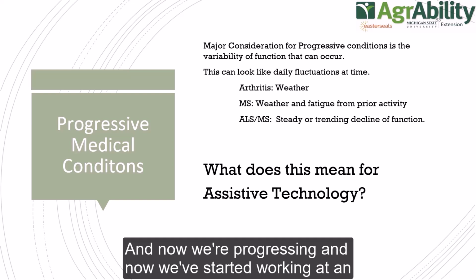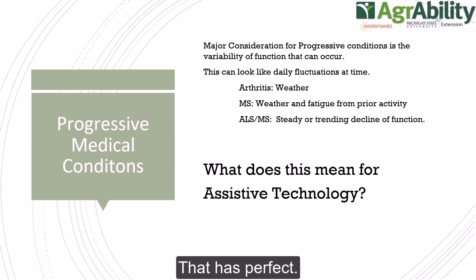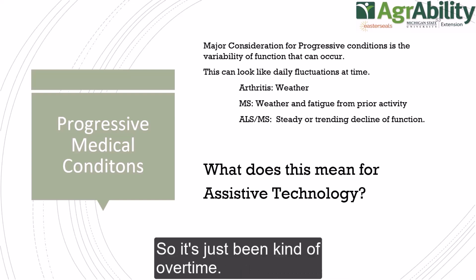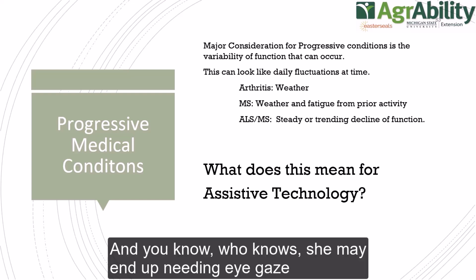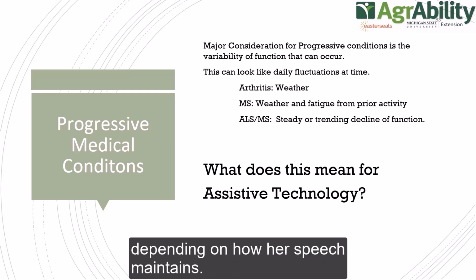And now we're progressing, and we've started working with an additional mouse control that's more of a roller ball that has larger buttons on either side. Perfect. Yep. So it's just been kind of over time. This progression. And who knows, she may end up needing eye gaze technology at some point. She may need more advanced text-to-speech, depending on how her speech maintains.